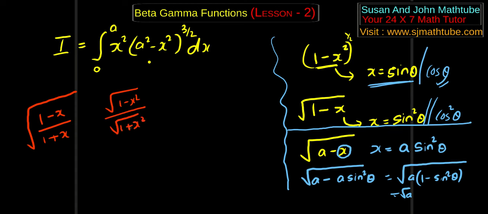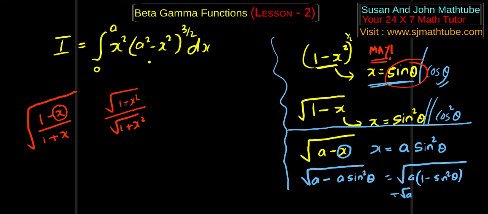Then most probably this sin theta will not help you, because by just looking at this 1 minus x, don't put sin theta. And remember, I am not giving any guarantee for these substitutions. I am telling you these substitutions may work. So remember, there is no 100% guarantee for this method, but still you can try.